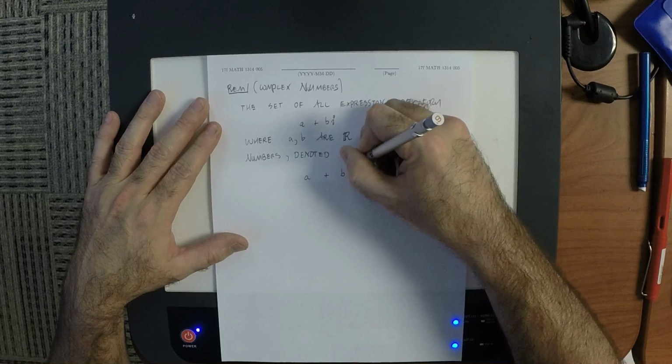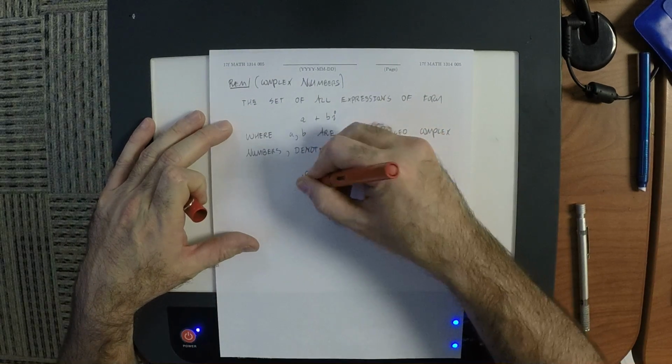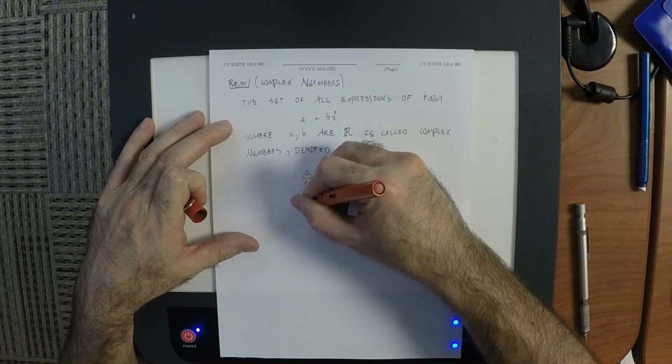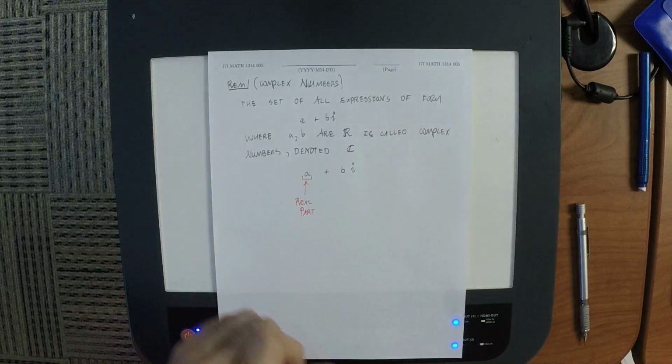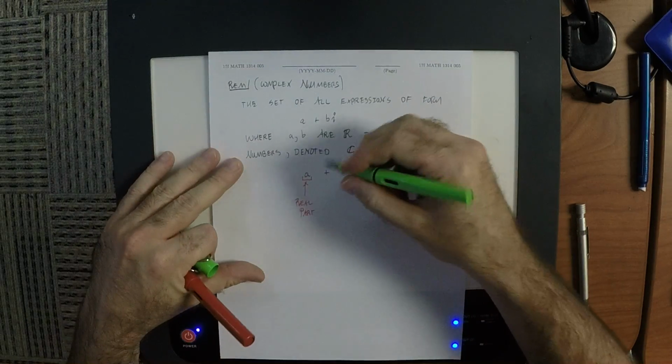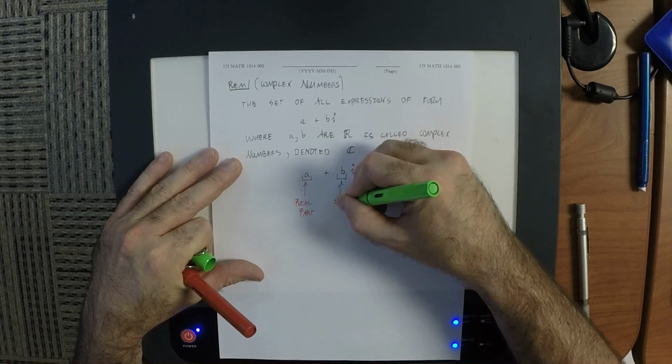A plus bi. So this part, the a, is referred to as the real part. And the b is referred to as the imaginary part.